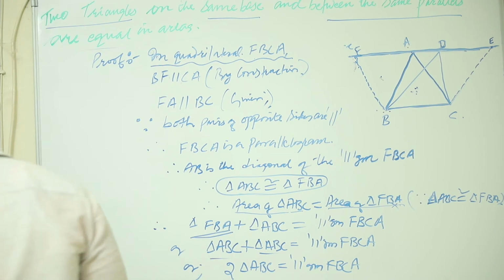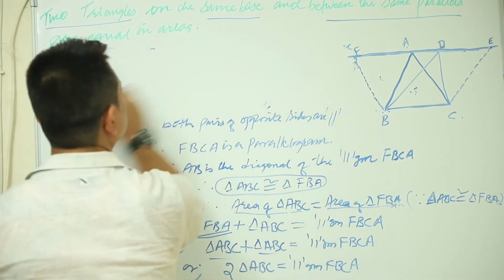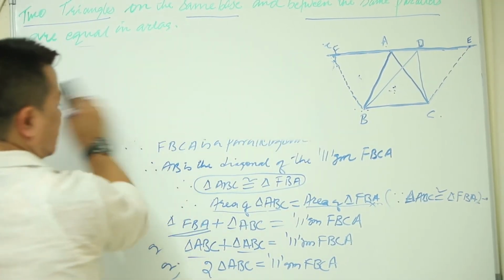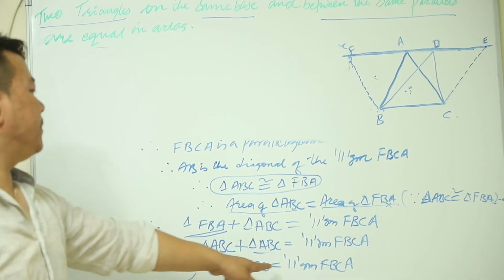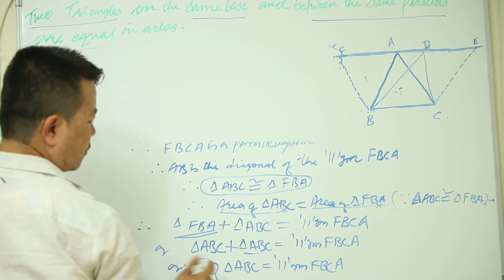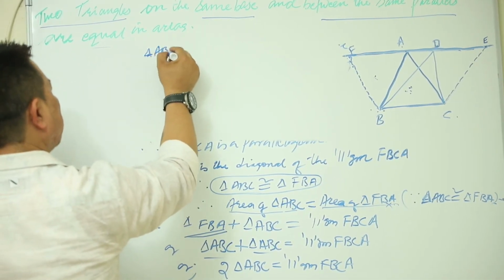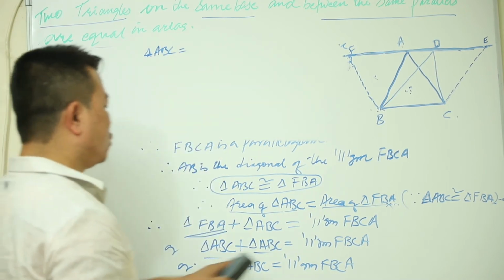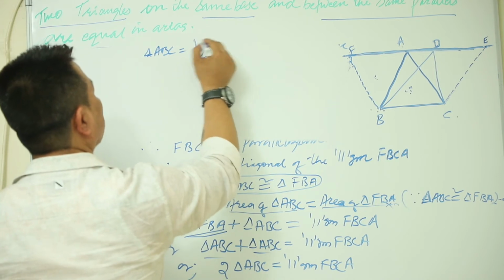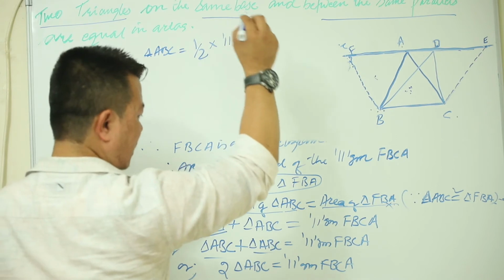Now simple: two triangle ABC is equal to parallelogram FBCA. So just say triangle ABC. When you simplify, triangle ABC equals, now this 2 will go to the right-hand side in the denominator, so you can write half into parallelogram FBCA.